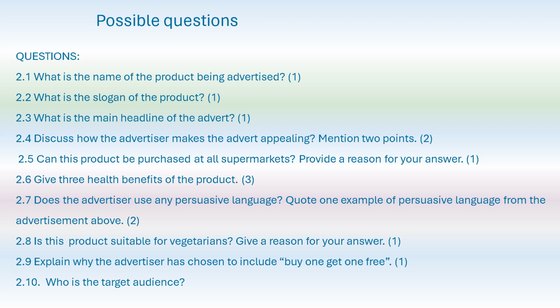Discuss what the advertiser is appealing to. Mention 2 points. Can this product be purchased at supermarkets? Motivate your answer. Name 3 health benefits that the product is advertising. Are they using persuasive language? Give an example of it from the advert. Is it appealing? Is it suitable for vegetarians? Motivate your answer from the advert. Explain why advertisements include buy one, get one free, and who is the target audience.